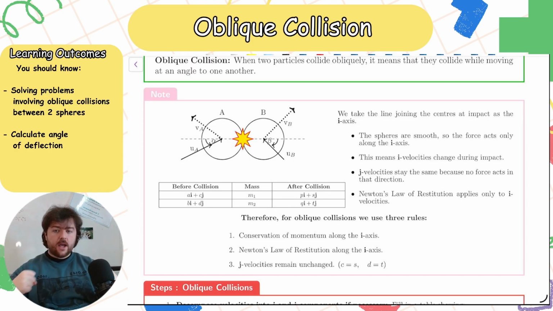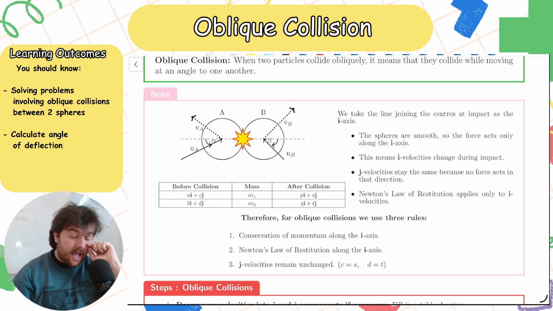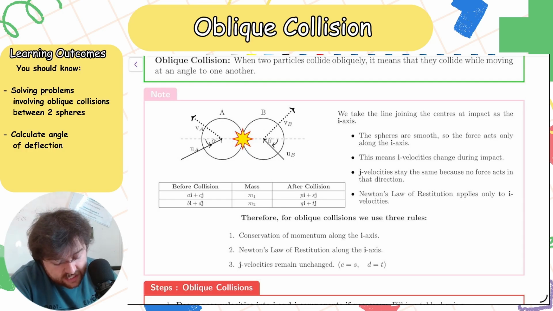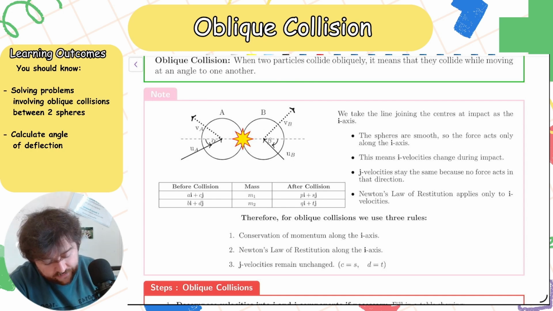Their I components are changed, but the J components aren't. So they're still going the same velocity in the J direction, but nearly opposite velocities in the I component, not always, but sometimes. J velocities stay the same because there are no forces acting in that direction. So that is very important to note.